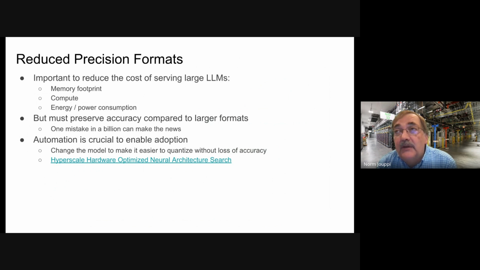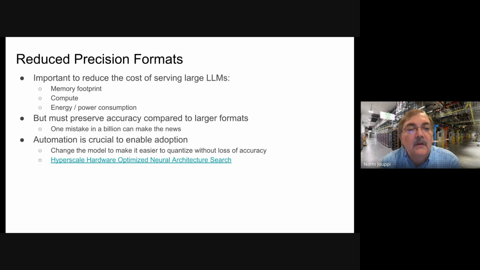One way that people have tried to get more mileage, so to speak, for a given amount of data is to use reduced precision formats. We started out with bfloat16, which was reduced compared to FP32. Now FP8 computation is pretty common in industry, and people are looking at using even smaller values. The problem there is that you can get inaccurate results, and it depends on what company or service you're providing.